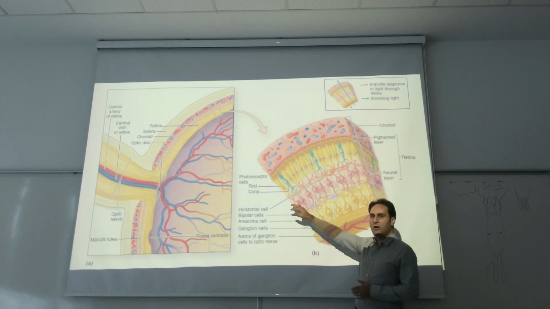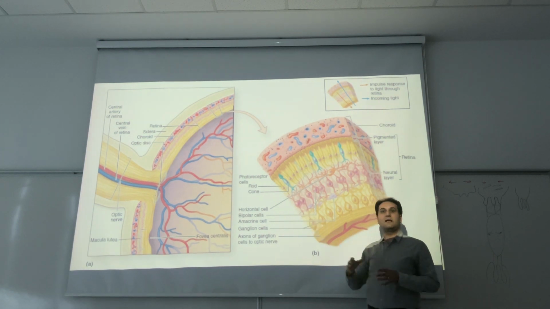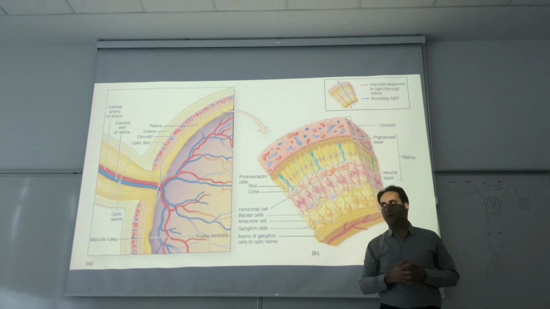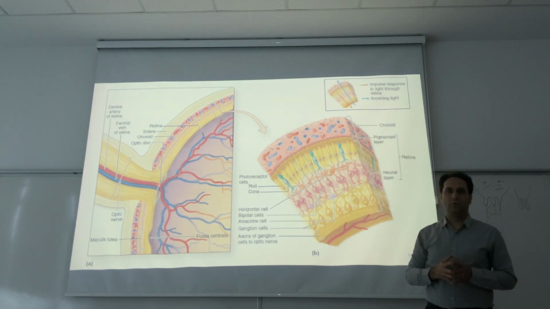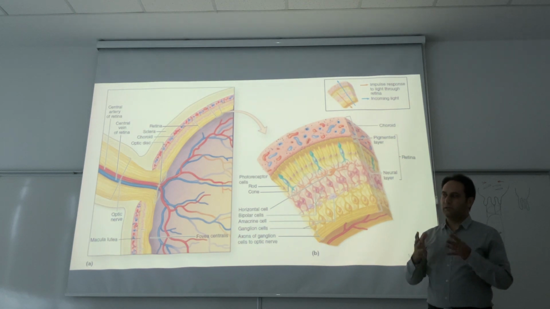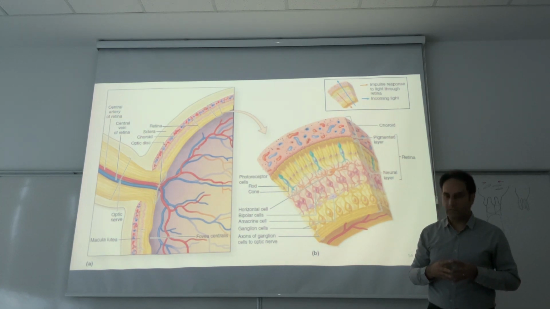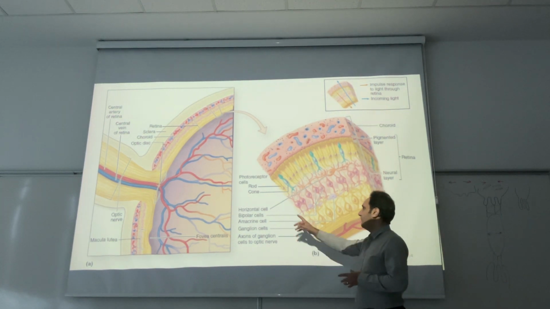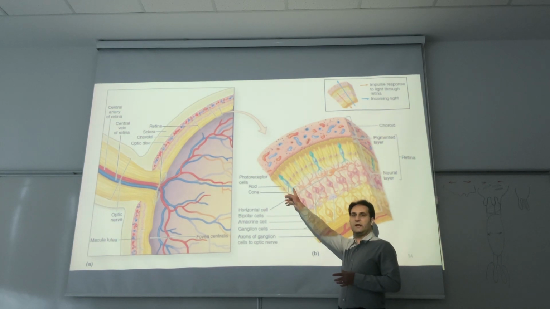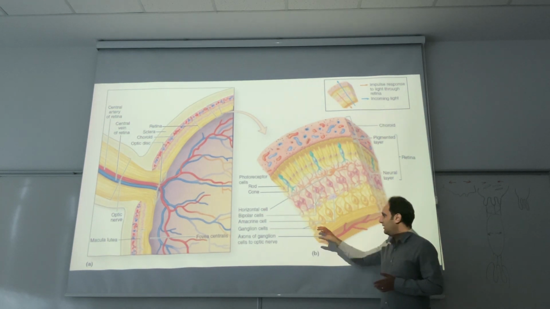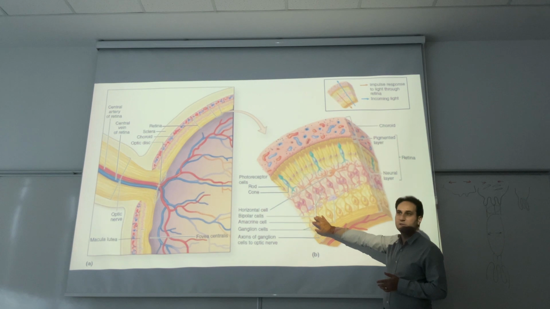And these bipolar cells transfer the information related with light from rod and cone cells to the innermost ganglion cells.